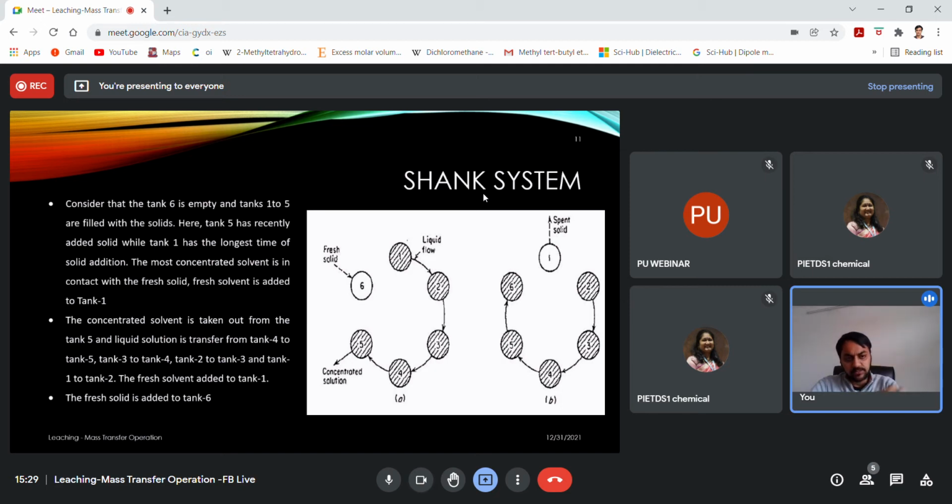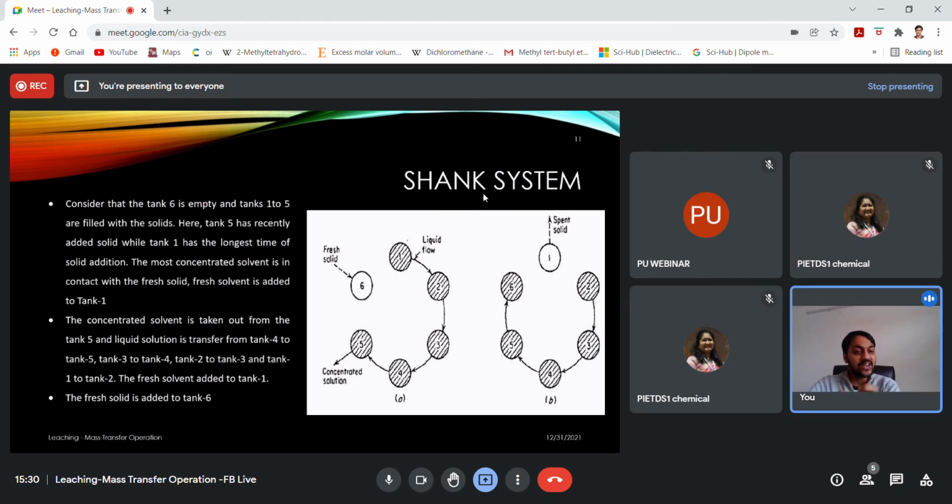When this is done, the concentrated solvent is taken out from tank 5, because in tank 5 fresh solid is added and concentrated liquid is added. This concentrated liquid becomes more concentrated because there is fresh solid, and so on.